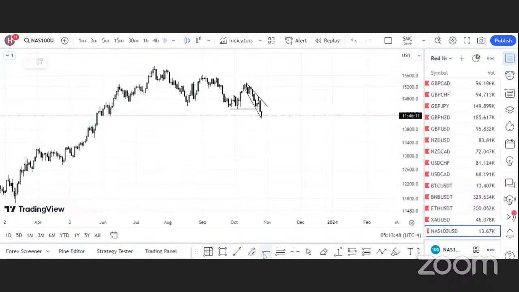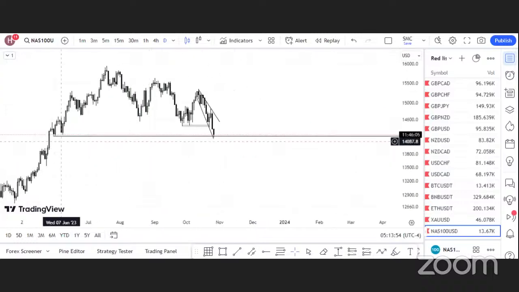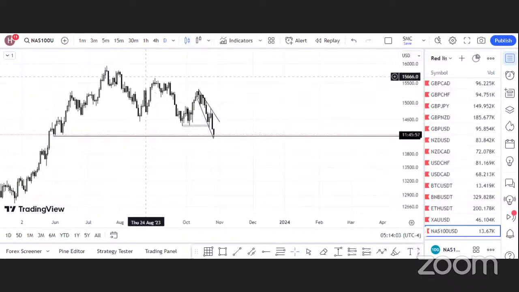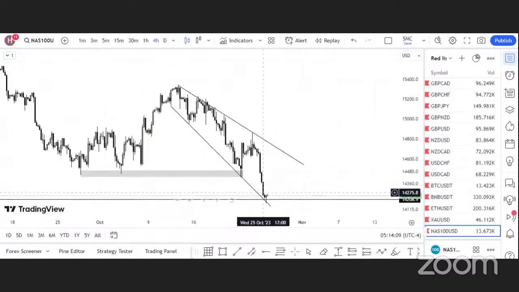Now this is the daily time frame. If a whole candle can go from here for a whole day, then this is a major area on the lower time frames. If we go to the 4-hour time frame, you now have the confidence of why this market is doing this around this area.